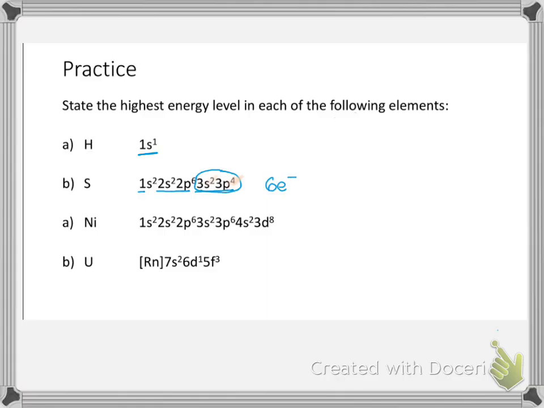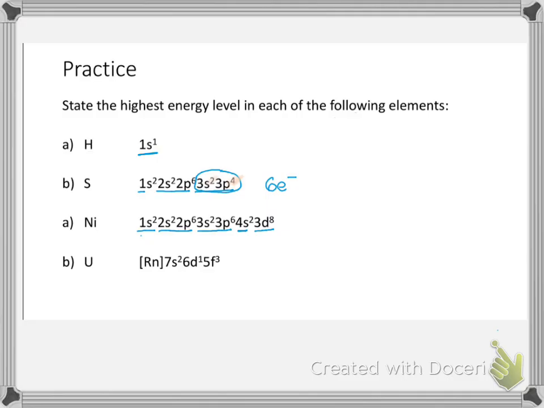Now, nickel has more energy levels. It's further down. So it has the first level, the second level. I see in the third level there's this, but also the 3d, and then I have the fourth level. Now, remembering on the periodic table, the 4s is lower in energy than the 3d, so the electrons will go into the 4s before they go into the 3d. So 3d does have slightly higher energy.